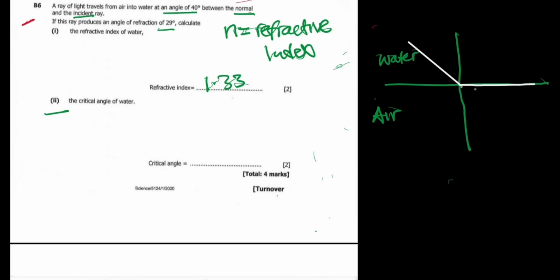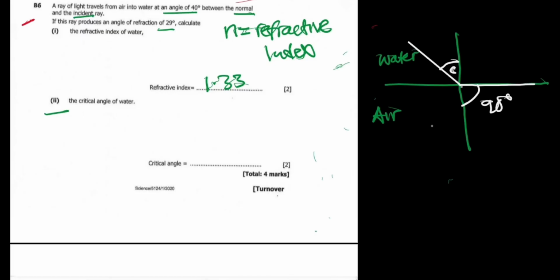In other words, the angle of refraction here becomes 90. So when we are talking about the critical angle, we are talking about this angle of incidence, whose angle of refraction is actually at 90. So this particular angle here is what we call a critical angle.